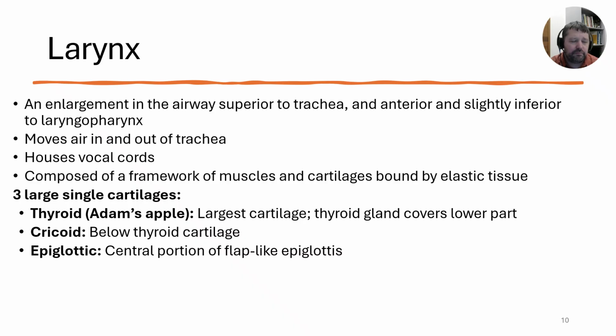Cartilage: three major or large cartilaginous mechanisms, and that would be the Adam's apple or the thyroid cartilage. The difference mainly between males and females when it comes to Adam's apples: if you can see an Adam's apple, probably the individual has high testosterone levels, because that causes the thyroid to be more pointy.